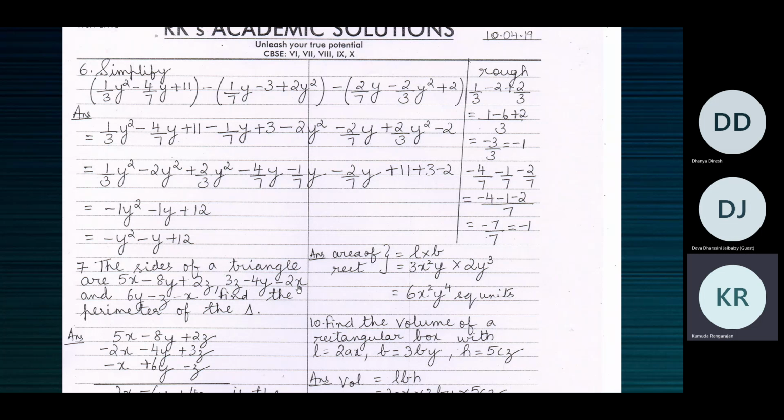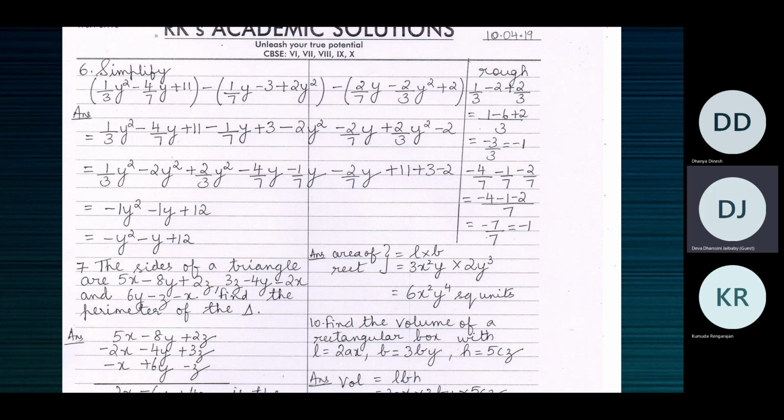So write the x term first, minus 2x, then the y term minus 4y, and then the z term plus 3z. Similarly, in the last expression, x term first, so minus x, then plus 6y, because before 6y is a positive sign, and then minus z. What's the final result? Ma'am, can you repeat?